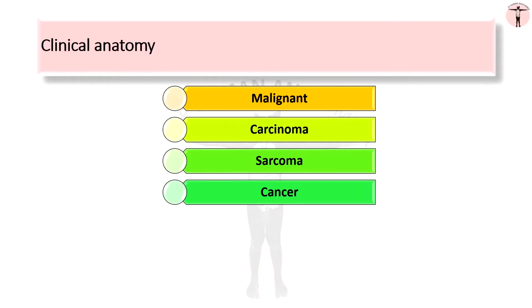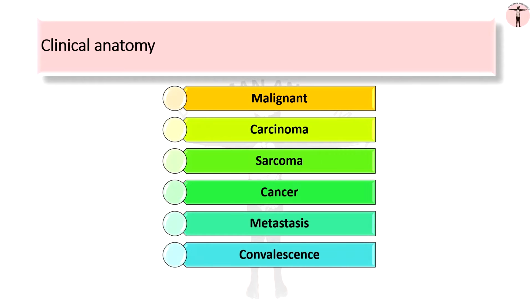Cancer is a general term used to indicate any malignant neoplasm which shows invasiveness and results in death of the patient if not properly treated. Metastasis is defined as the spread of a local disease like cancer cells to distant parts of the body.